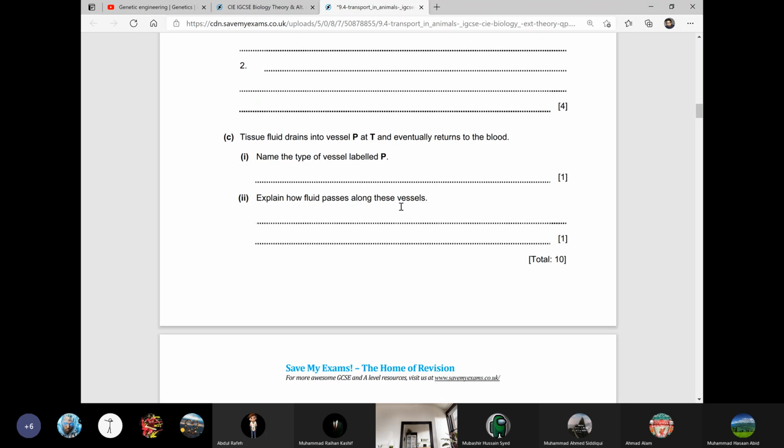Now, boys, listen, I have taught you this before. Like you see in the circulatory system, the heart is pumping, but there is no pump attached to the lymphatic system, right? So how does the lymph travel in the lymphatic system? Can anyone tell?